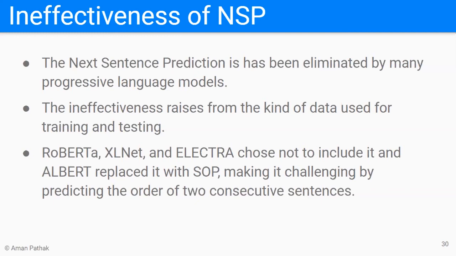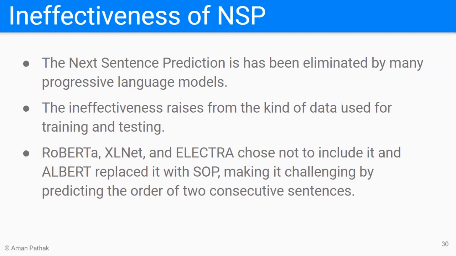The ineffectiveness arises from the kind of data used for training and testing. In the training data, sentences in the positive class correctly follow each other, whereas sentences in the negative class are created by concatenating random sentences from two separate documents. Since the probability of mismatching topics in the two documents is relatively higher, predicting the negative class becomes much easier.